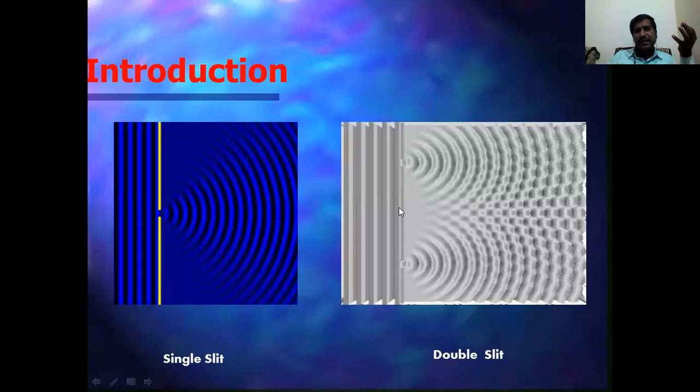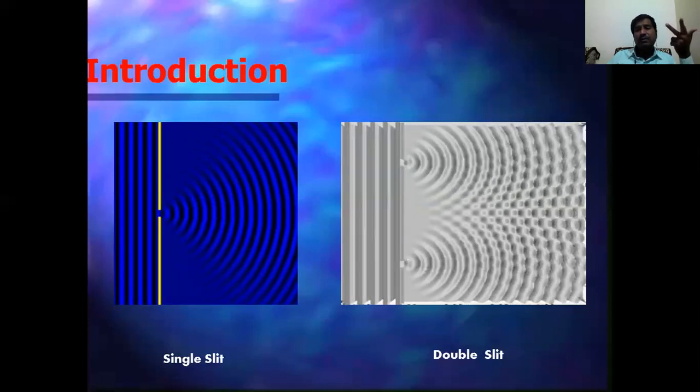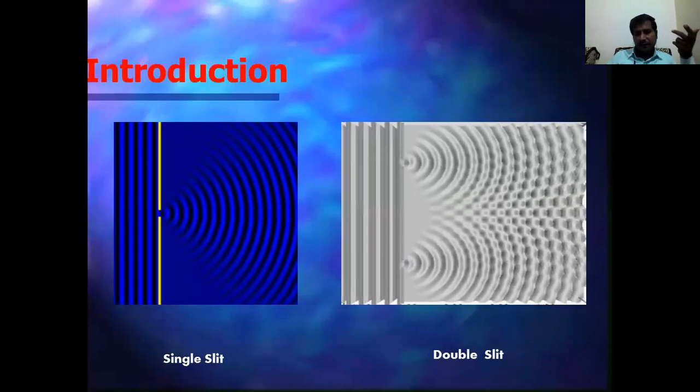Here you have a circular shape, but when you keep two slits, an interference is also going on. When you keep the double slit, it's a mixed effect: diffraction and interference, because for interference you need two waves. For diffraction, one wave is enough. So you have the mixed effect here. Okay, that's good.